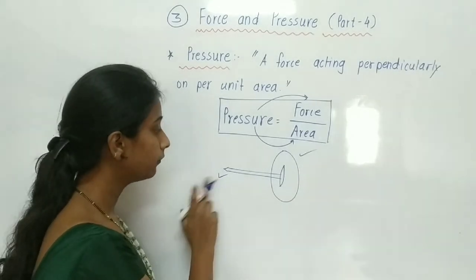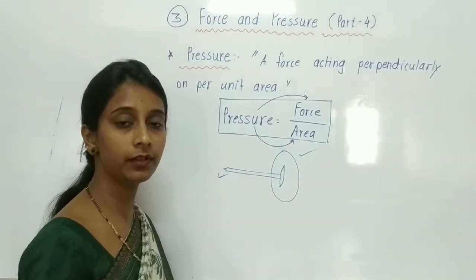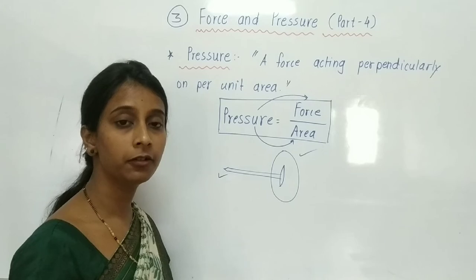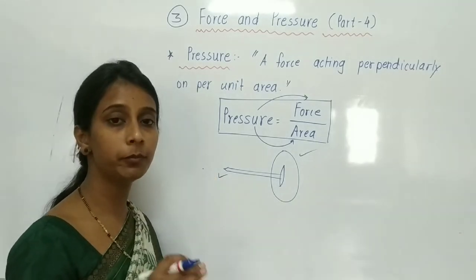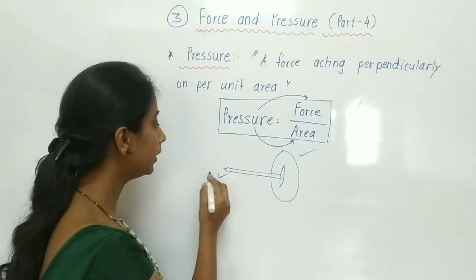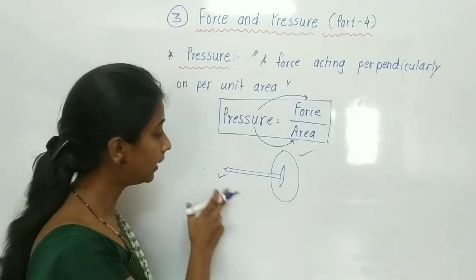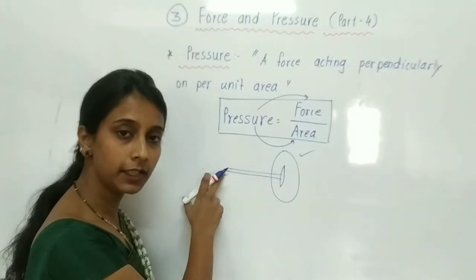Now students, from this end we can penetrate the nail easily. Why? Because it has a pointed end, which means very little area is present at that tip.